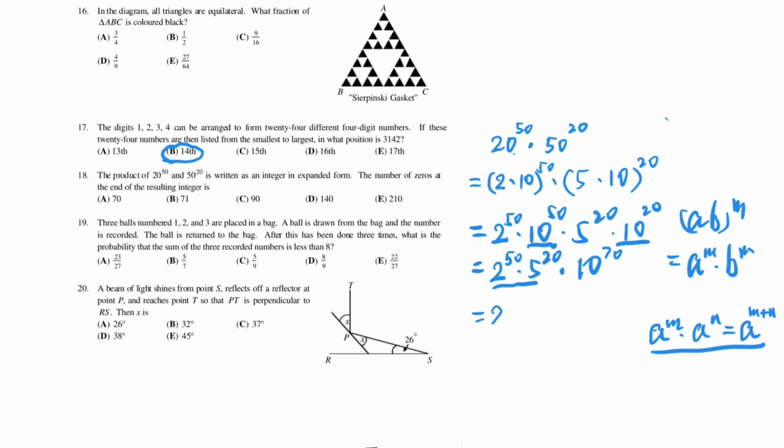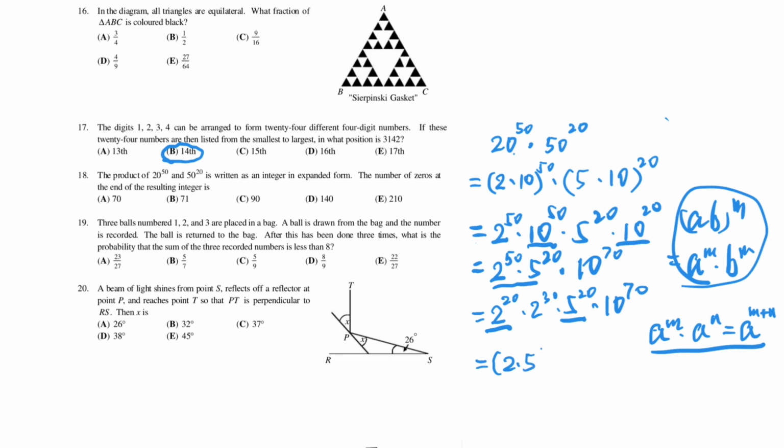So we break 2 to the power 50 into 2 to the power 20 times 2 to the power 30, times 5 to the power 20 times 10 to the power 70. 2 to the power 20 and 5 to the power 20, we use the power rule on this one. So we combine them together: (2 times 5) to the power 20 times 2 to the power 30 times 10 to the power 70.